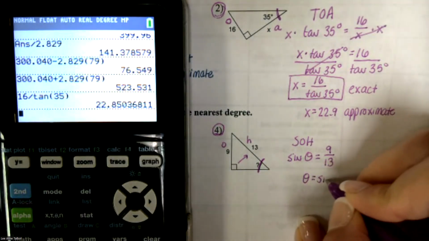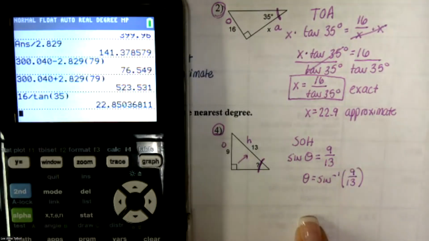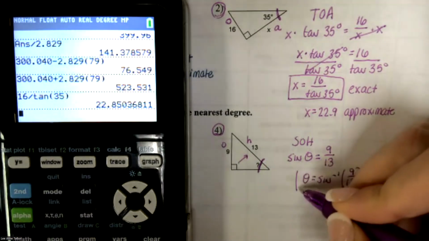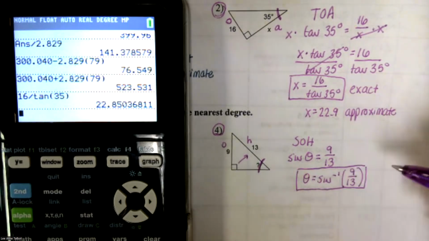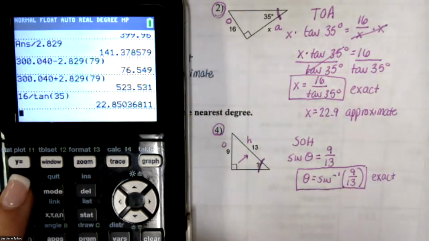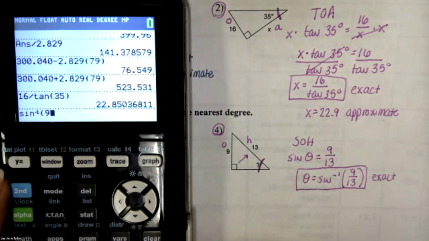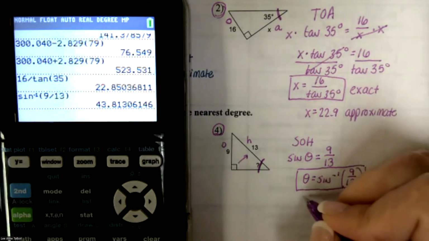Theta equals sine inverse 9 over 13. That's your final answer for the quiz. Sine inverse 9 divided by 13, 43.8 degrees.